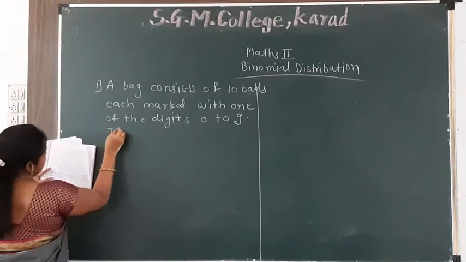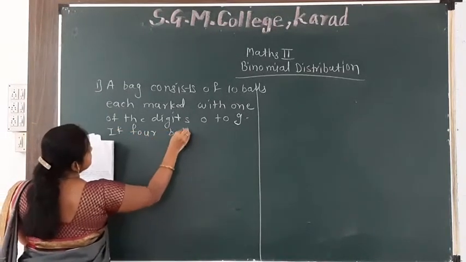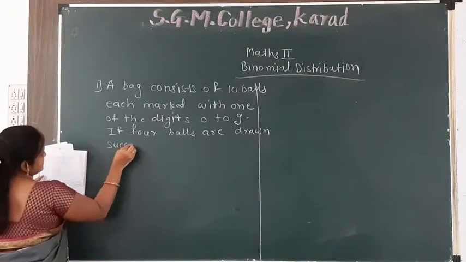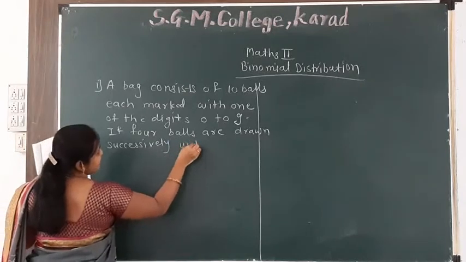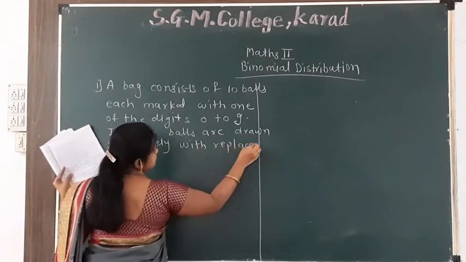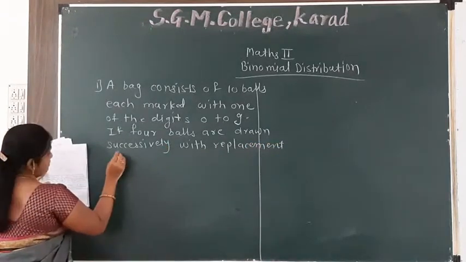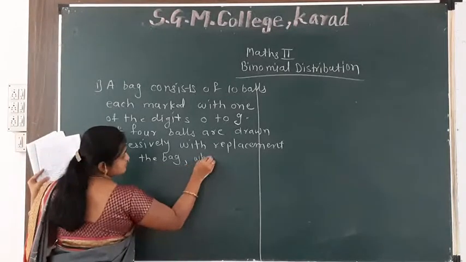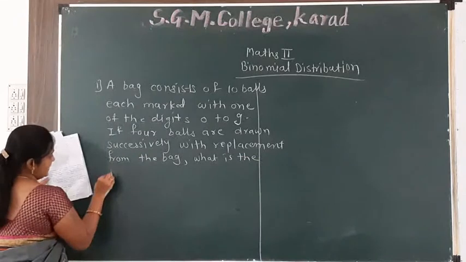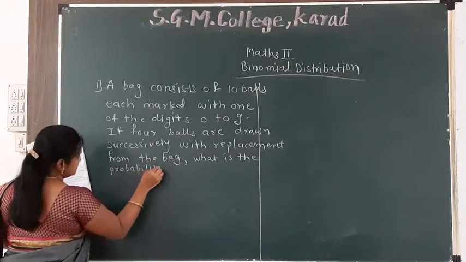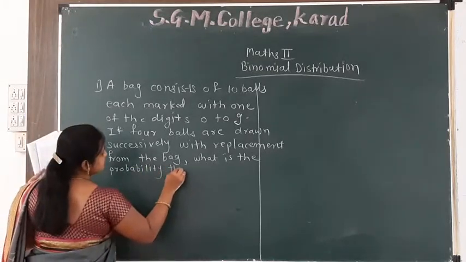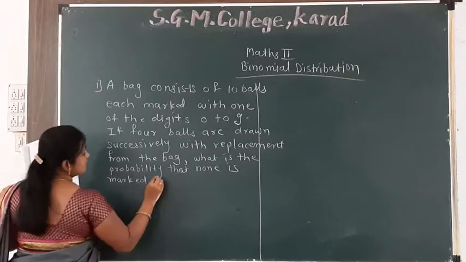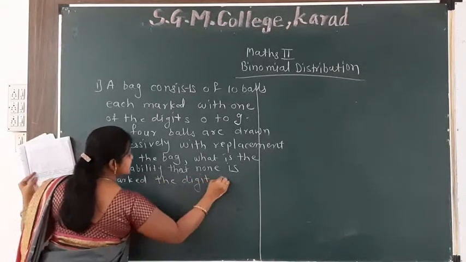If 4 balls are drawn successively with replacement from the bag, what is the probability that none is marked with the digit 0?